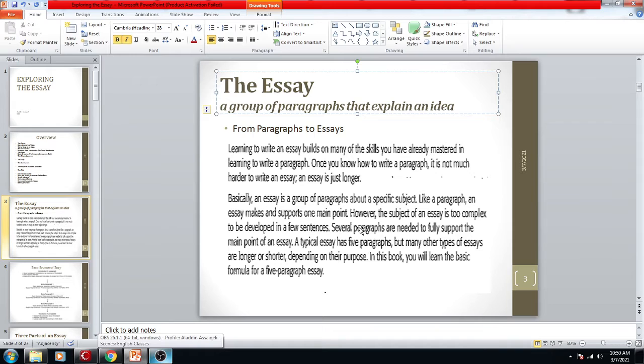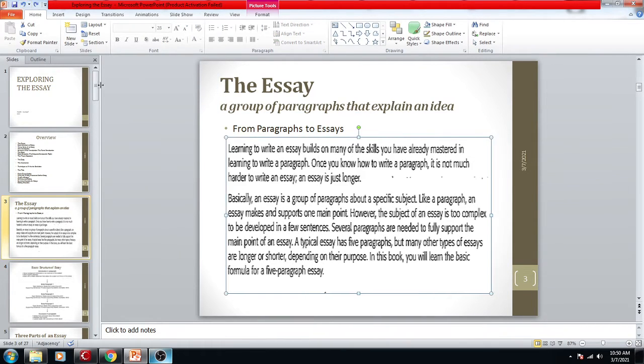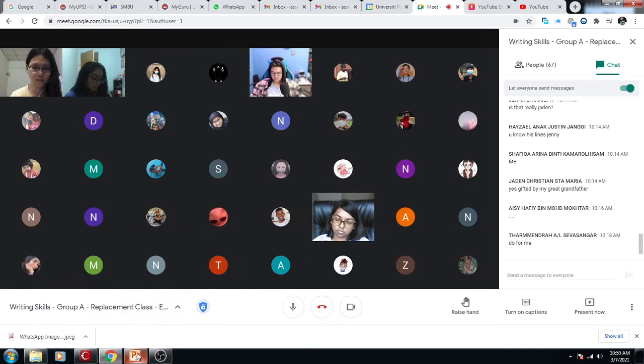So several paragraphs are needed to fully support the main point of an essay. You have one main point, but this main point has a number of sub-points or subtopics under it.